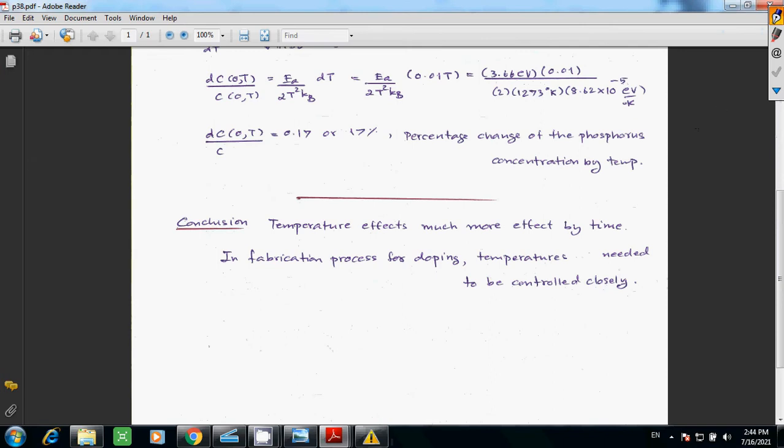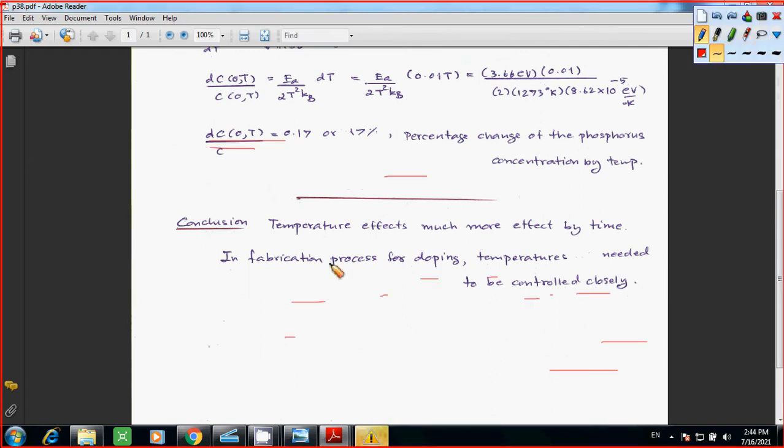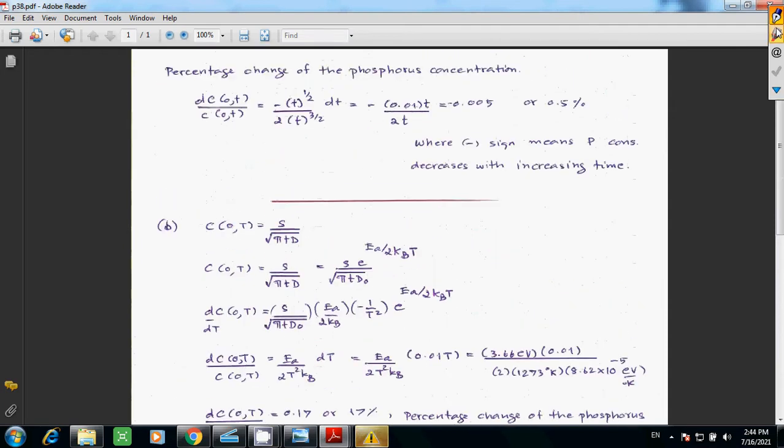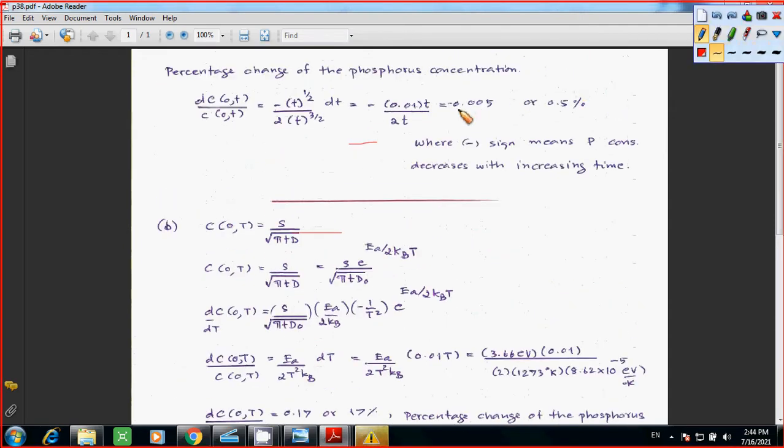Now you'll be able to compare the temperature and the time. You will see that temperature has a much larger effect than time. This is the 17%, but for the diffusion time change, the concentration changes only 0.5%.